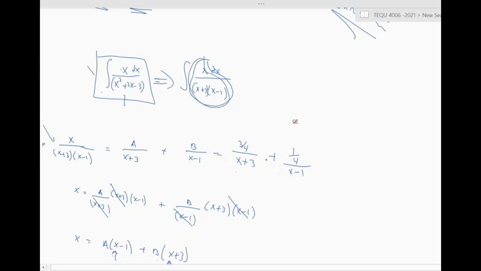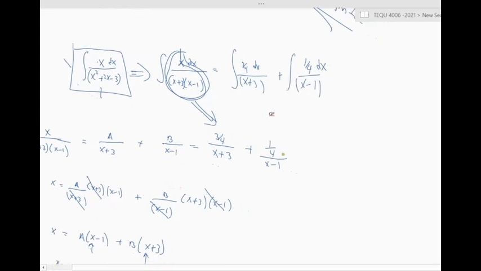So what I have to do now is basically, if what is here becomes this part here, then I can certainly do this, like for example 3/4 dx over x plus 3. I can break this integral in two parts as part of the partial fraction. That will be plus the integral of 1/4 over x minus 1 dx, and the integration of the first part is straightforward, right?